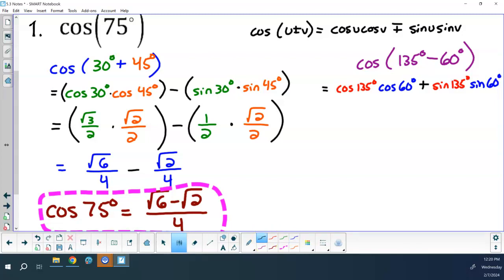Cosine of 135. Negative root 2 over 2. Cosine at 60. One half. Sine at 135. Root 2 over 2. Sine at 60.